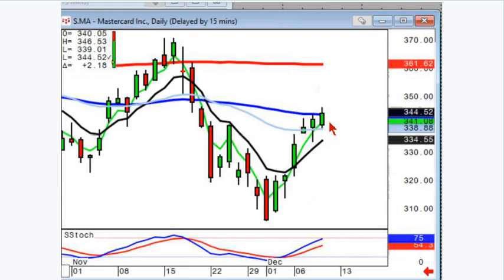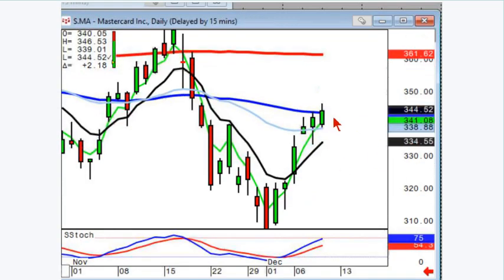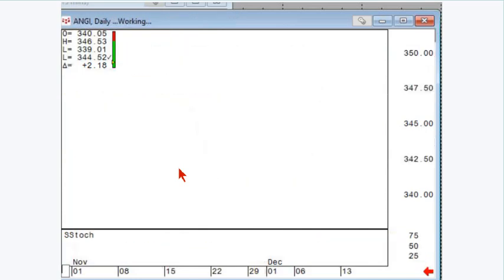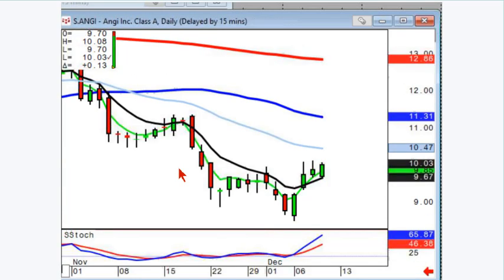MasterCard, stay long. But this has to open positive also. Angie's List, stay long as this stays above the T-line.